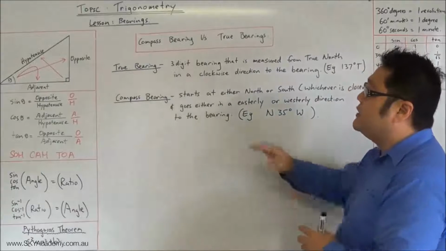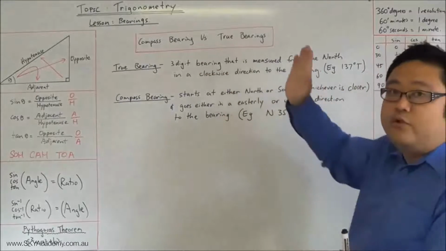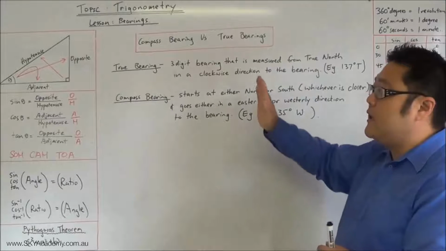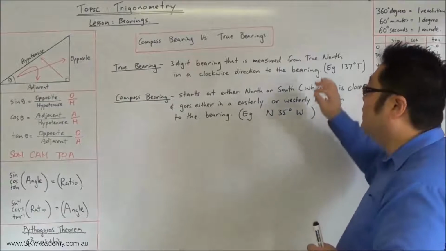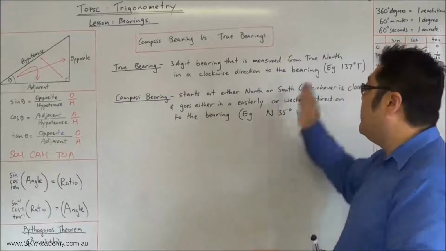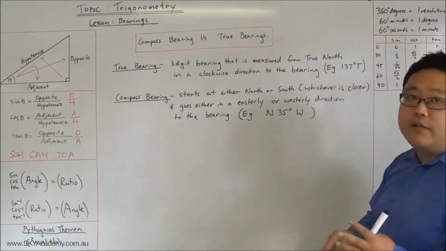A true bearing is a 3-digit angle that is measured from true north and goes in a clockwise direction to the direction that you want to go. I've got an example here, 137 degrees true.